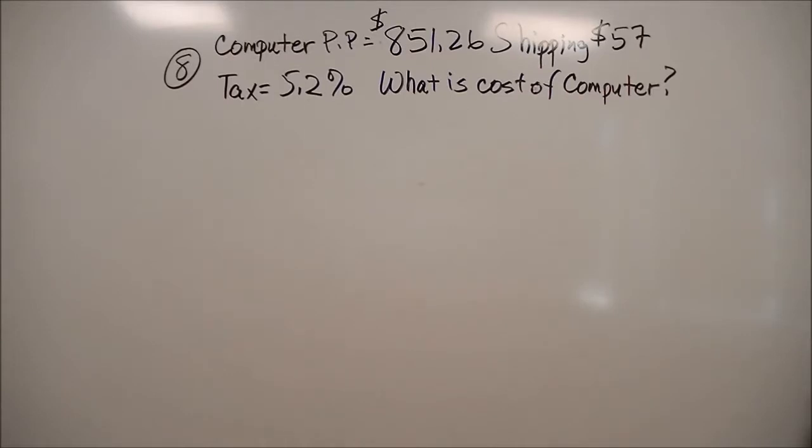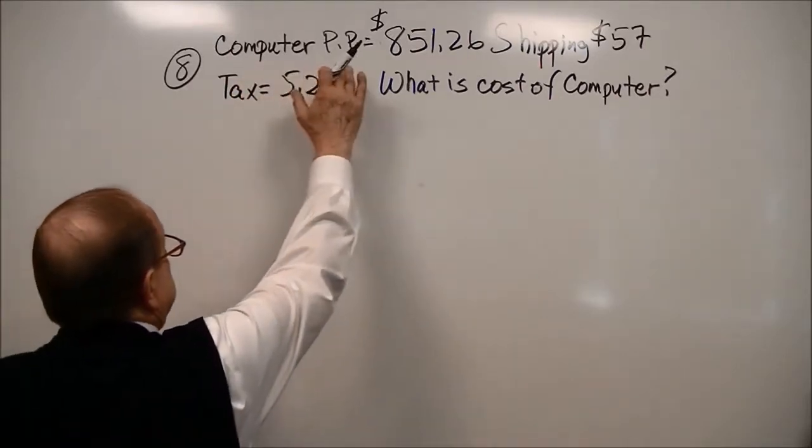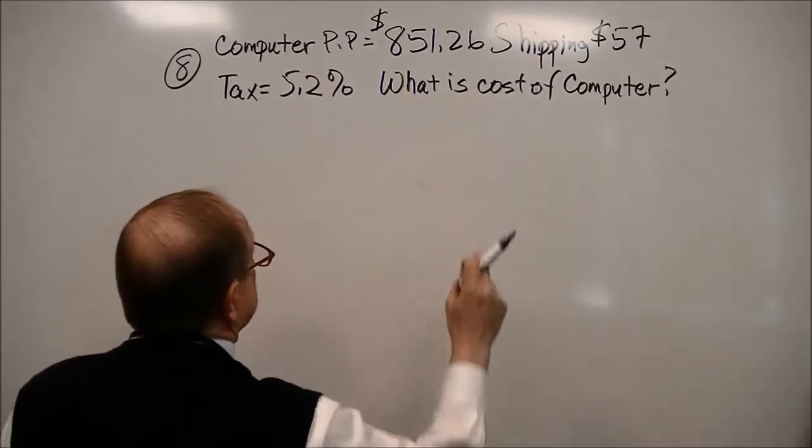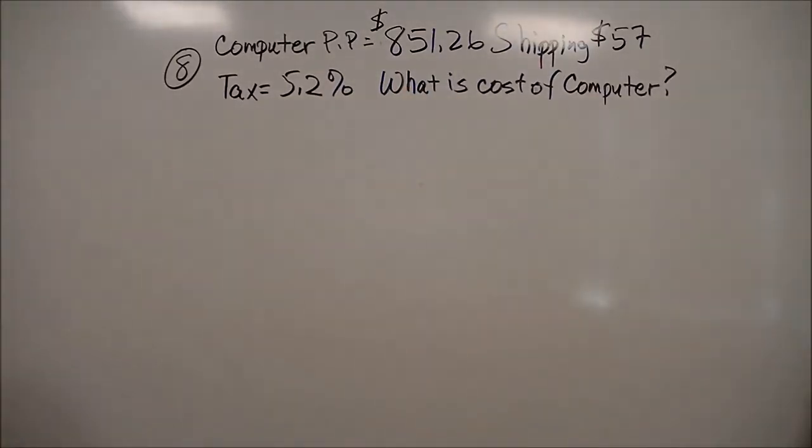In example 8, we have what is called an application problem. And of course there's a paragraph that gives you this information. I've pulled out the information I think is relevant. You've purchased a computer for $851.26.